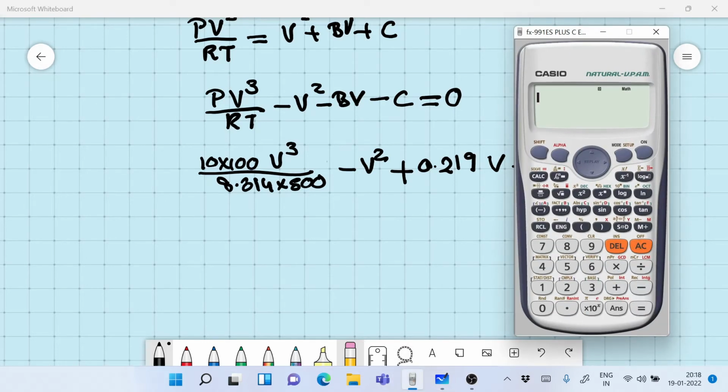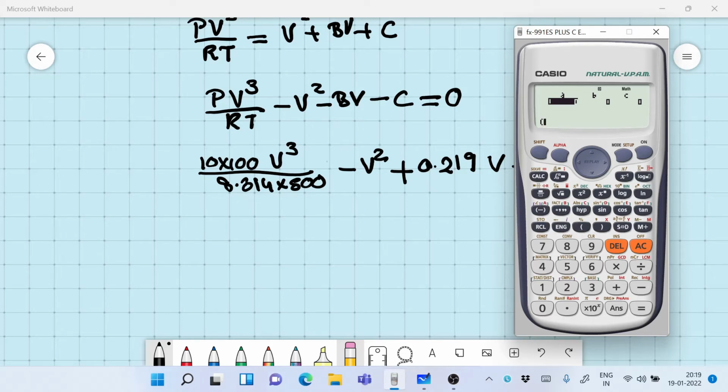So let's take our calculator and solve it out. We go to mode, and we go to 5 and we go to 4. First we will calculate the value of the constant for V cube. That's going to be 1000 divided by 8.314 into 500.